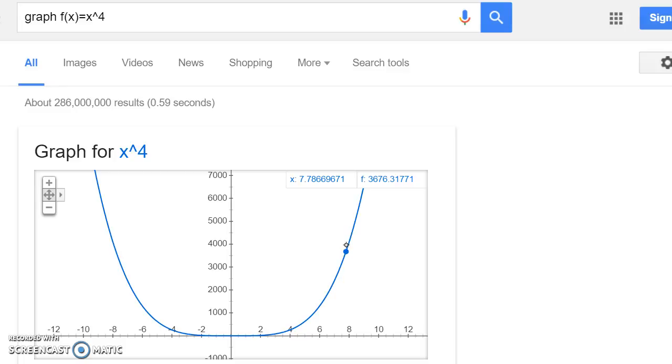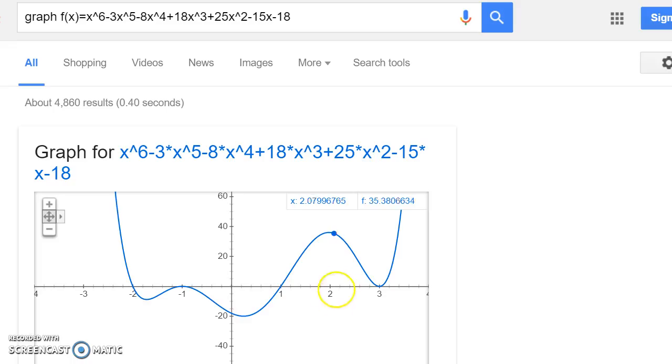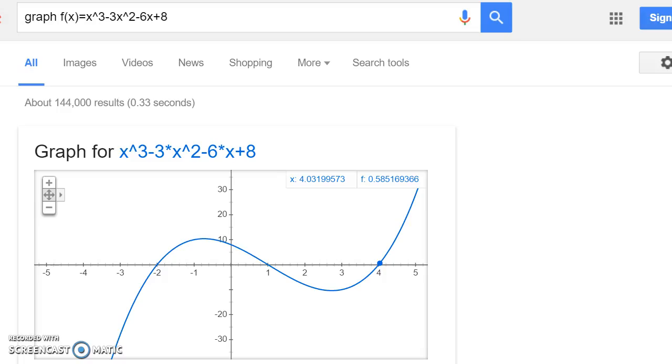And why would this function, which is a 6th degree function, not have 6 zeros? I mean, if we look at the 3rd degree function that I have here, it's 3 degrees and it has 3 zeros, right? Remember, zeros align with solutions to that equation set equal to 0.